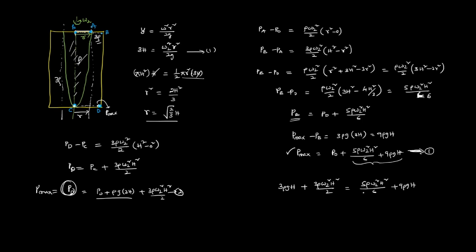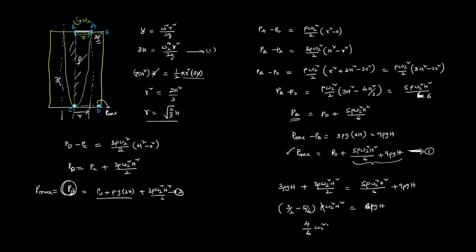Okay, then if I take this on this side, it is 3 by 2 minus 5 by 6 into rho omega 2 square h square, because I have taken 3 by 2 and 5 by 6. It is 9 minus 3, a clear value of 6 rho gh. Rho cancels, rho cancels. This value goes to 6, meaning 9 minus 5, 4 by 6.